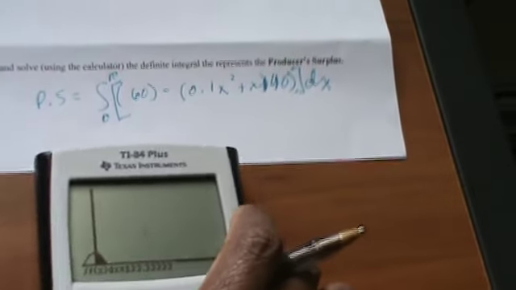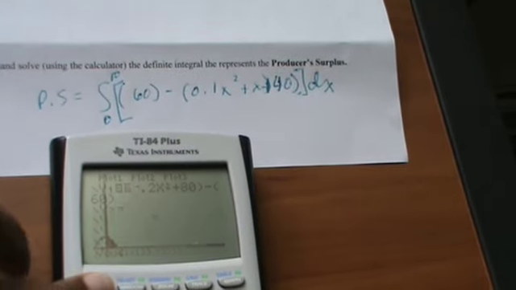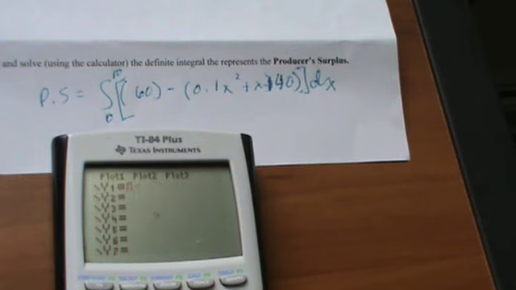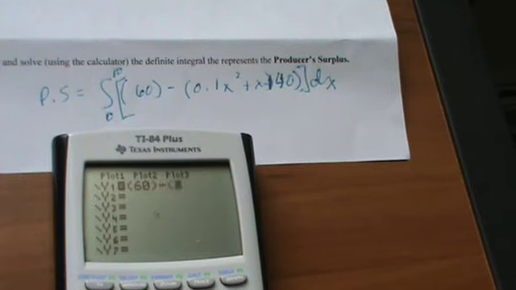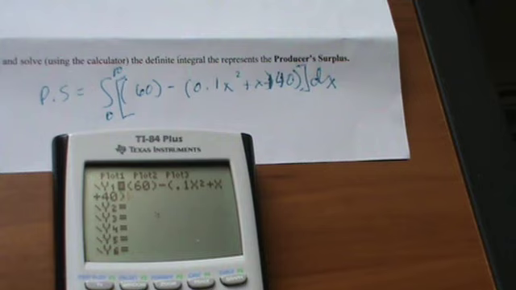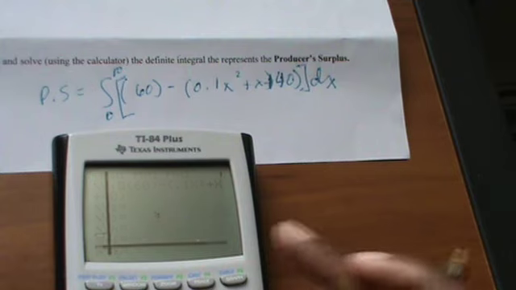If I want to do the producer surplus, I'm going to smash them together. So parentheses 60. It definitely is in your best interest to put parentheses around the second one, 0.1 x squared plus x plus 40, because you don't want to have to do the work by hand. Graph that.